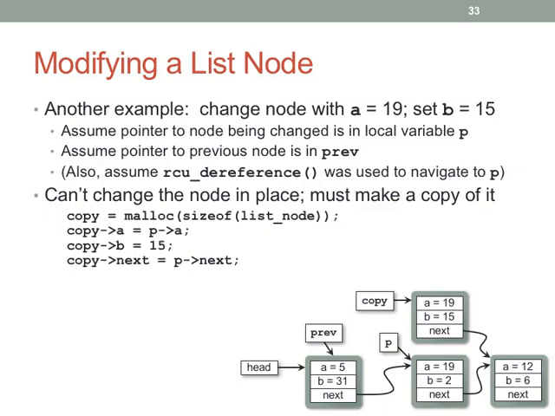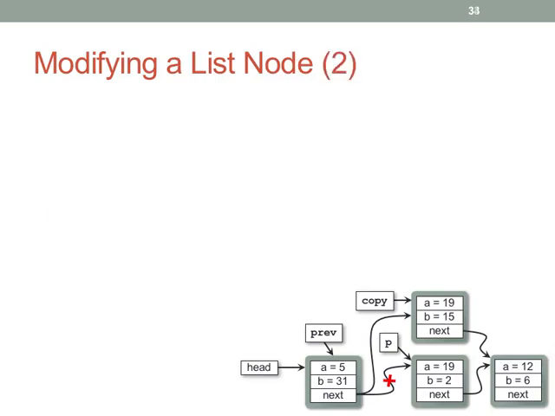That's all the setup. And then we do RCU assign pointer to make the copy available. So threads will either see the old version or they'll see the new version, but they won't see some mangled, twisted intermediate step. Okay? So this is just like we talked about before.